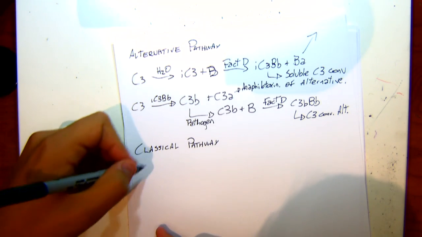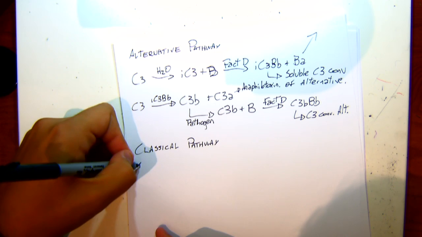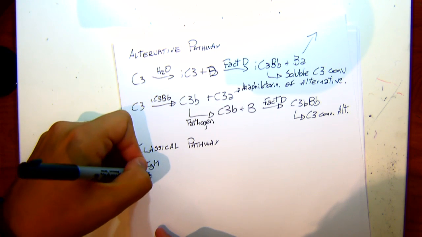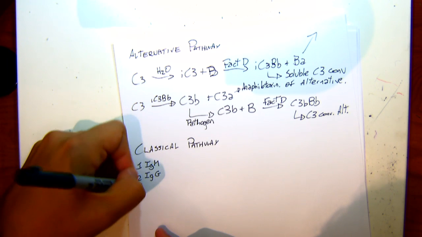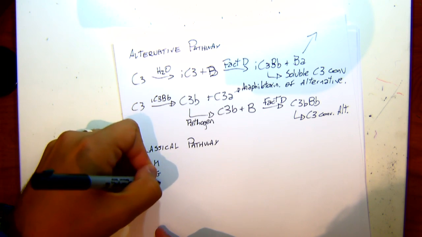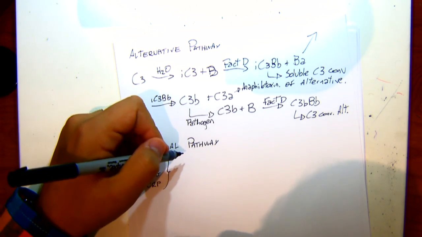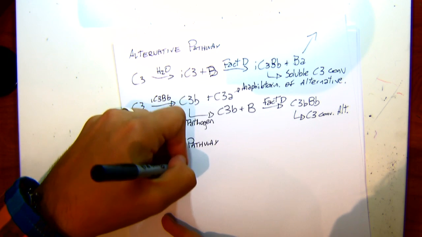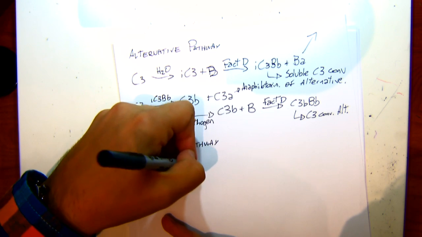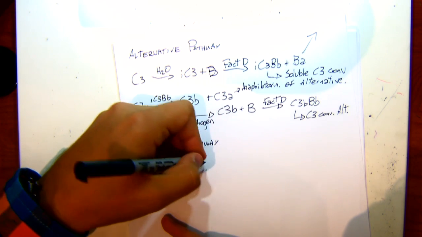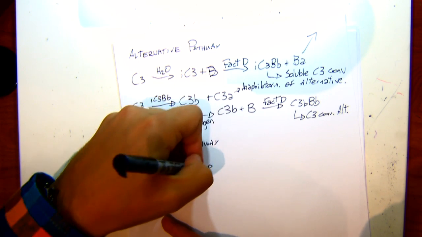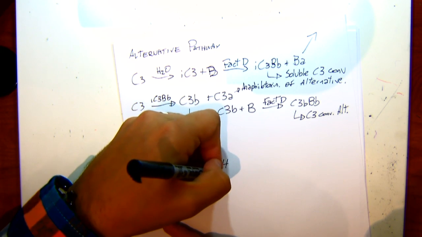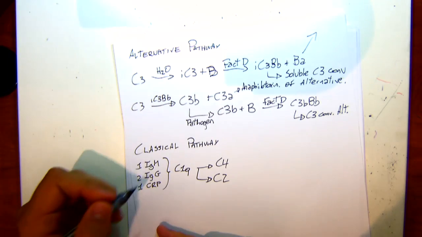So for the classical pathway, we will need 1 IgM, 2 IgGs, or 1 CRP, which your C1q protein will bind to, and then it's going to start cutting C4 and C2, right?